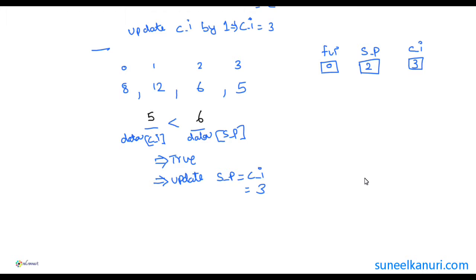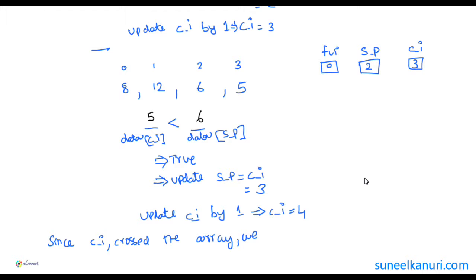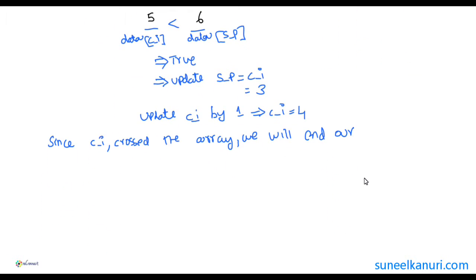So at this point, we update our C_i by 1, which means C_i is equal to 4, and since C_i crossed the array, we will end our pass and perform the swap.